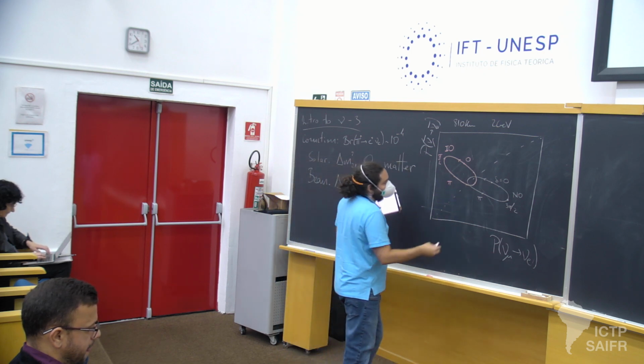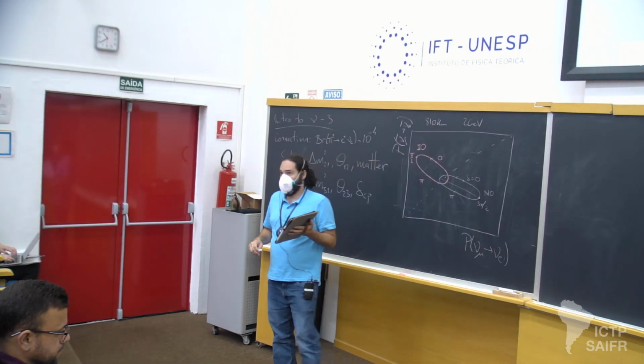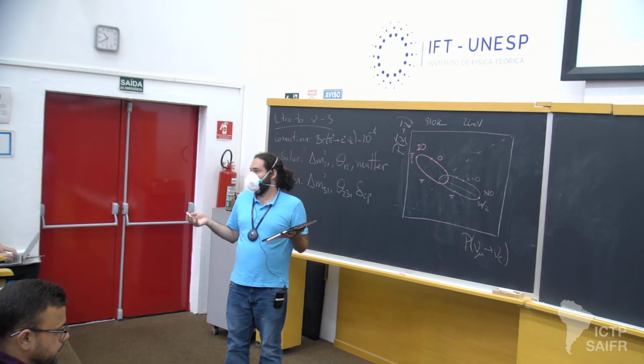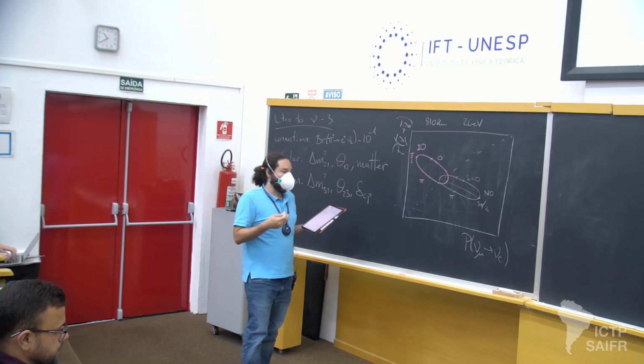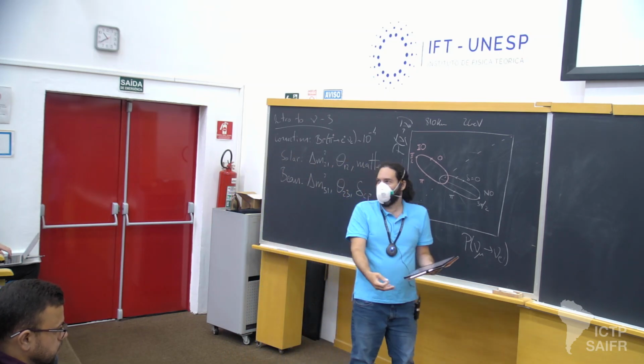The size of the ellipse has to do with the amount of CP violation. And CP violation can only happen when you have the 3 neutrinos oscillating.